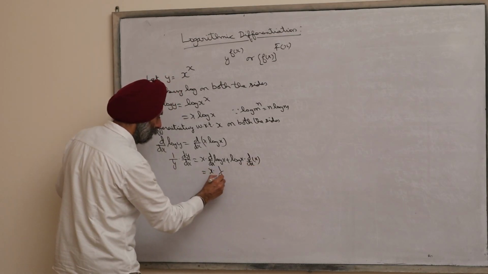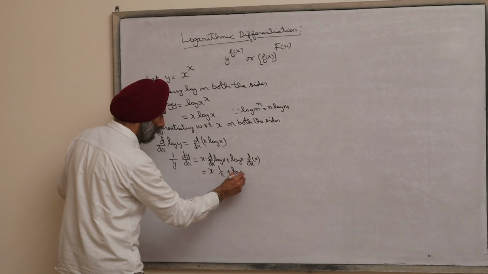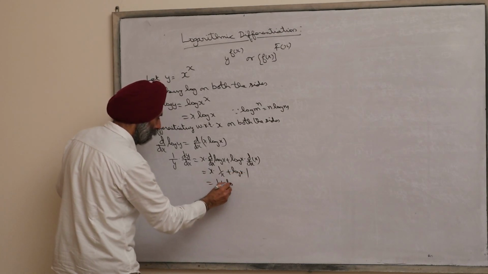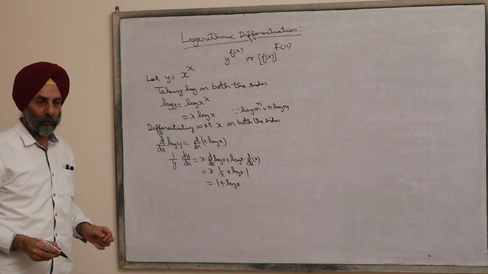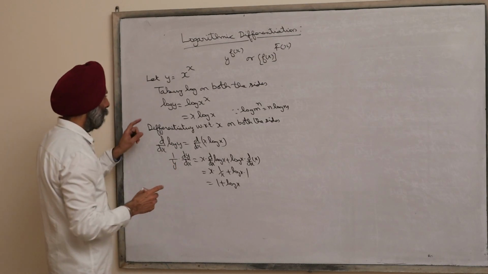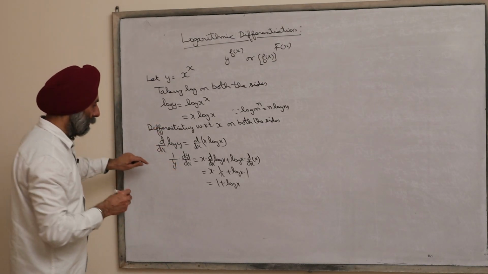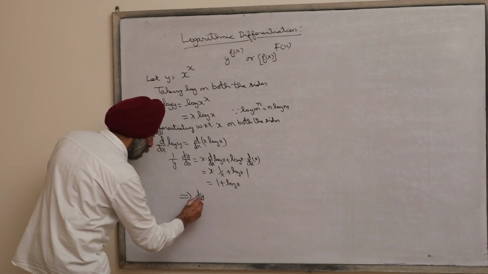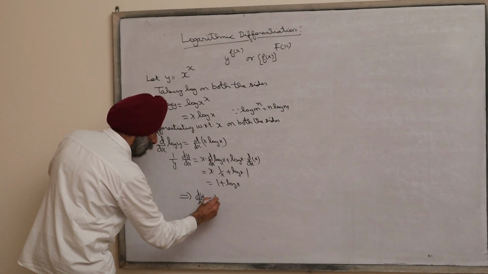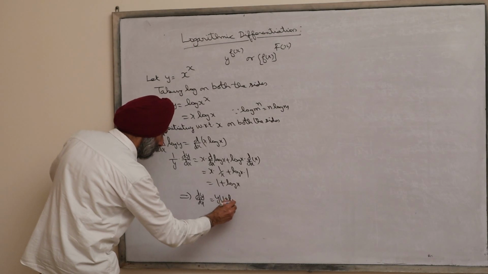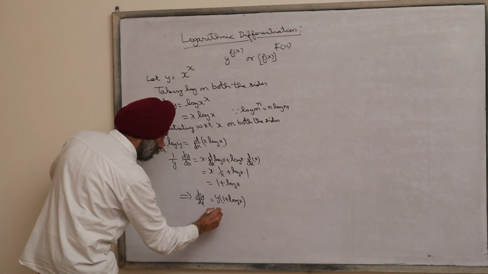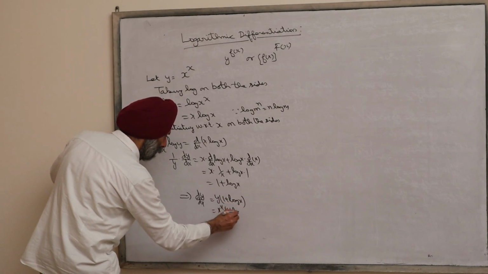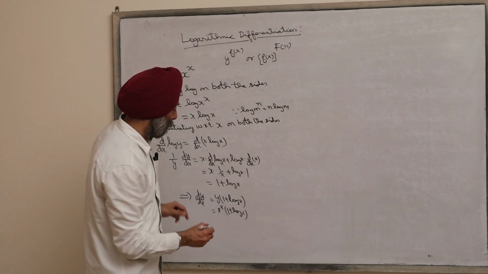That is x into 1 over x plus log x into 1, which is 1 plus log x. Since we want to find dy over dx, cross multiplying y from here, it is y into 1 plus log x, or x raised to power x into 1 plus log x.